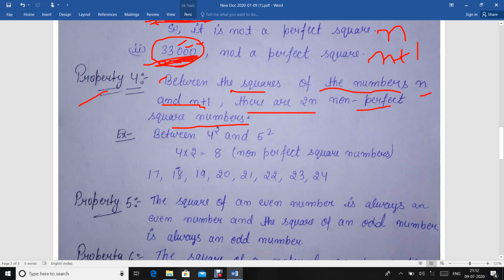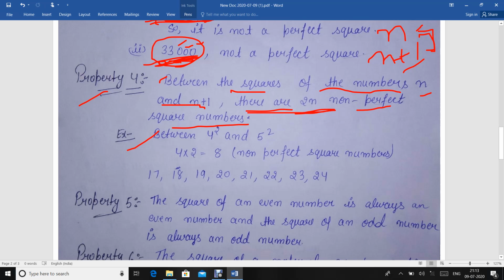Here there are two numbers, first n and second n plus 1, and you have to find the non-perfect squares between these two numbers. For this you have a pattern: there are two n non-perfect squares.